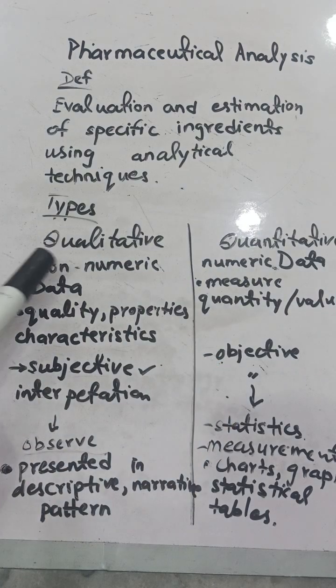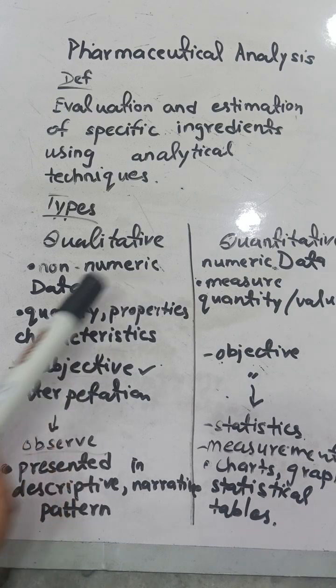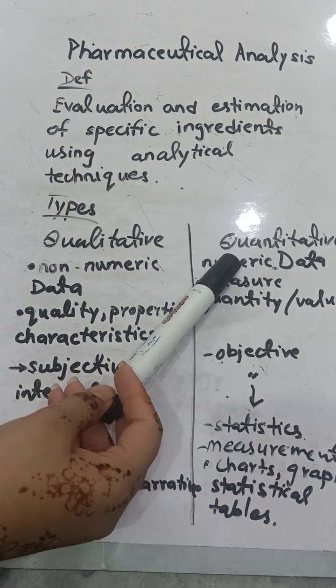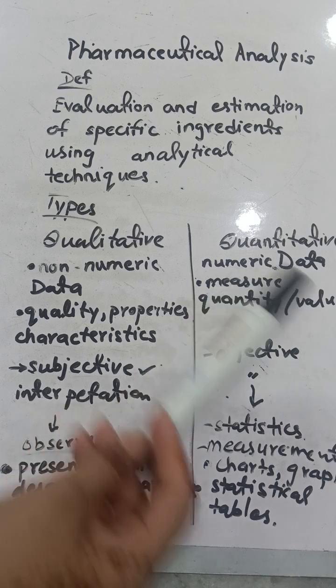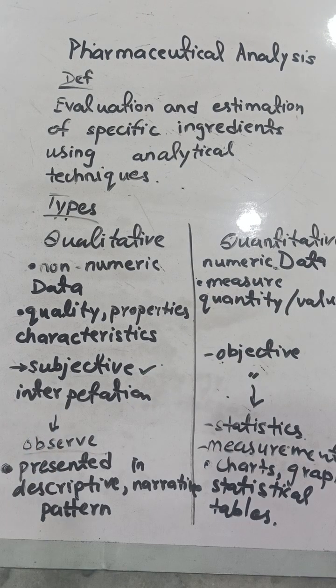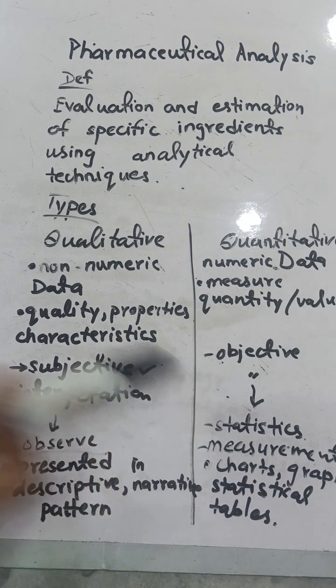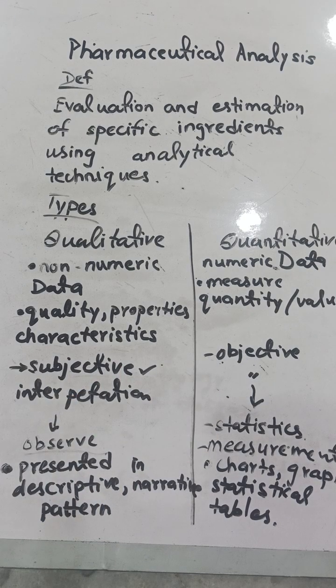Qualitative deals with non-numeric data, with the quality, the properties or characteristics. The quantitative has numerical data and focuses more on the quantity and values of something. The qualitative one has subjective interpretation, meaning it focuses on observation, while this one has objective interpretation, focusing on statistical measurements and values.